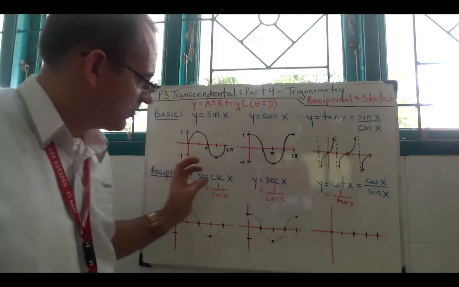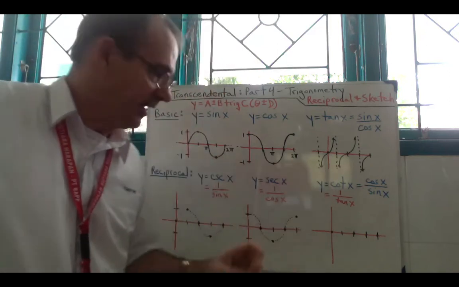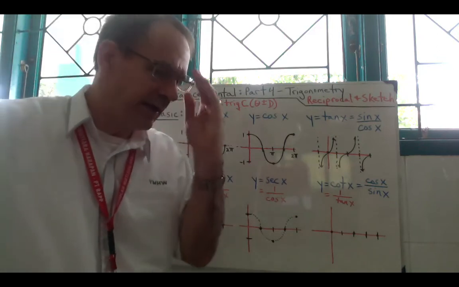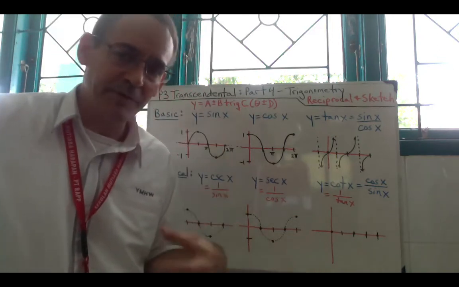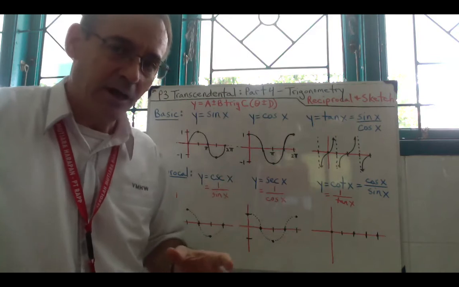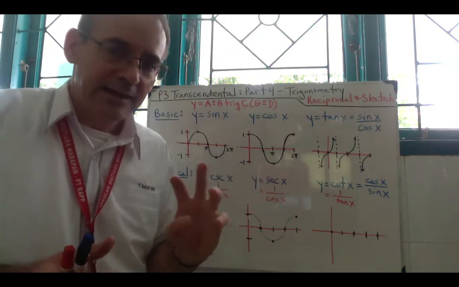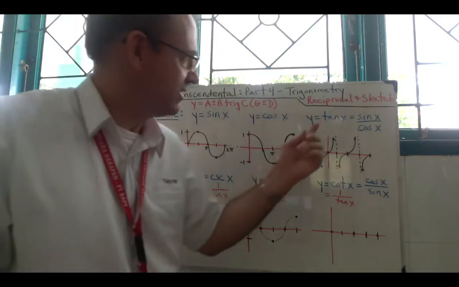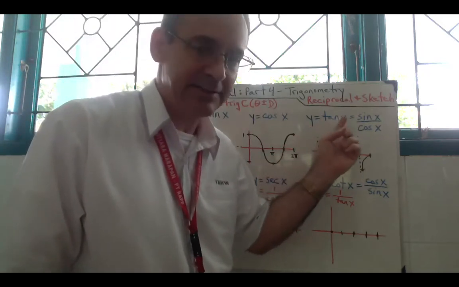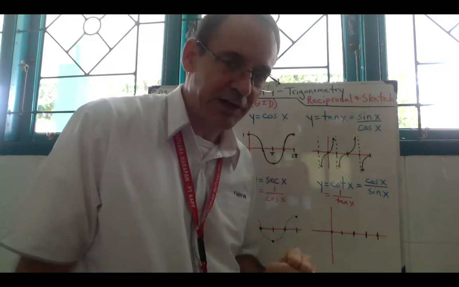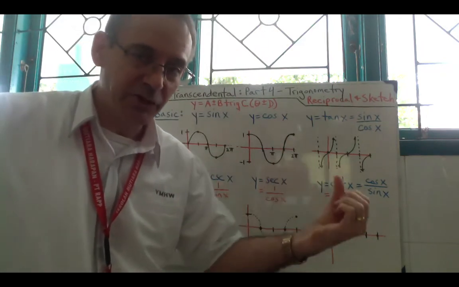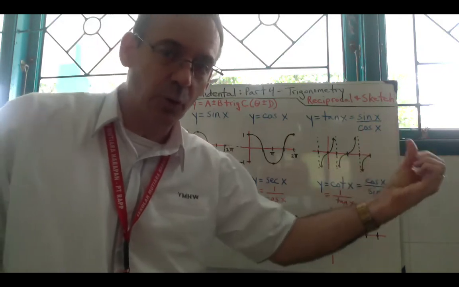So these are the reciprocal functions, and this is going to be important for you to remember when you get into the identities. Remember, the identities are kind of like equivalent statements that you can replace. So for example, you can replace tan x with sine x over cosine x, and sine squared x plus cosine squared x equals 1.